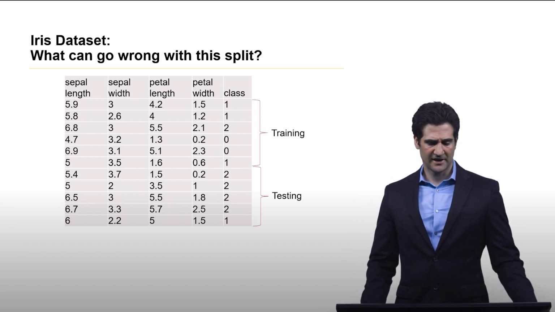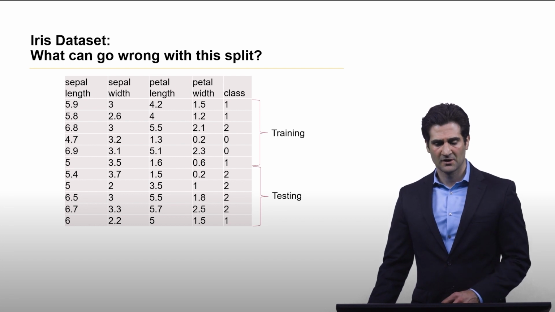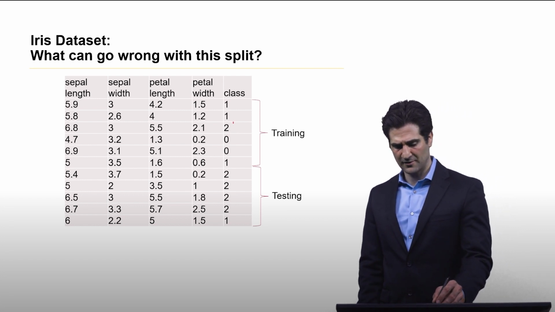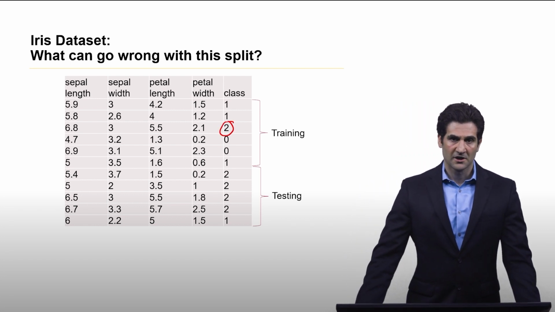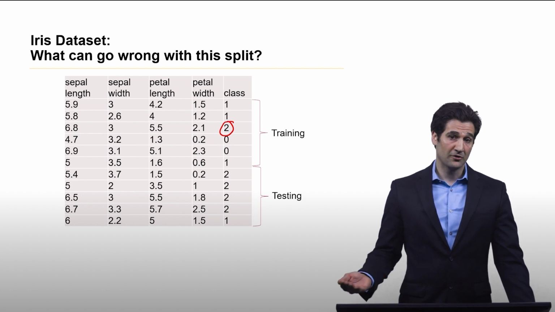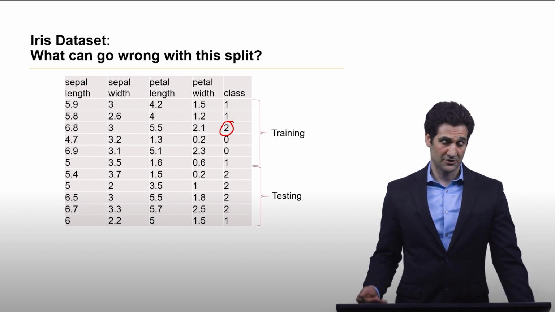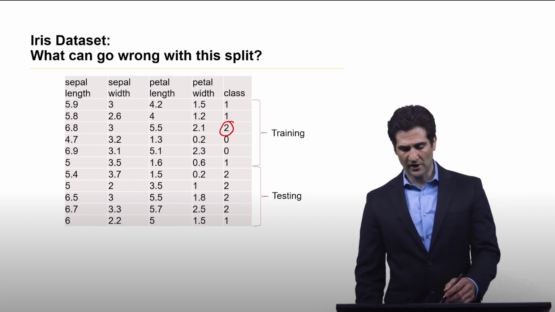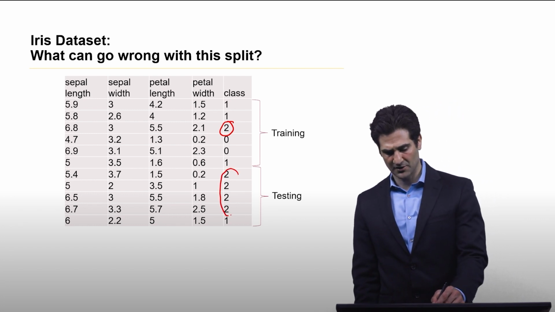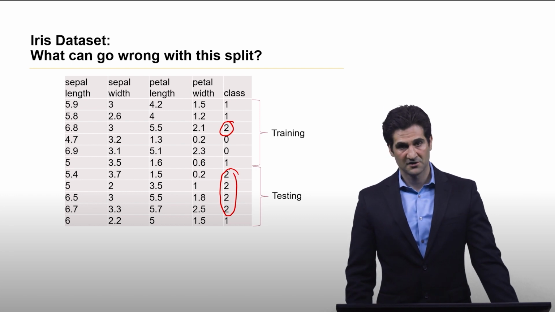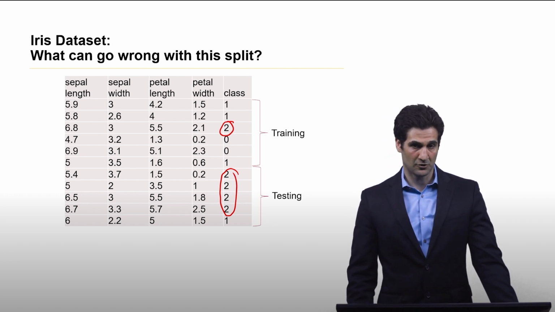But let's look at that training data. There is only a single sample that is labeled with class number 2 of that particular species of iris. Meanwhile, in the testing data, we have 1, 2, 3, 4 samples that have that particular label.